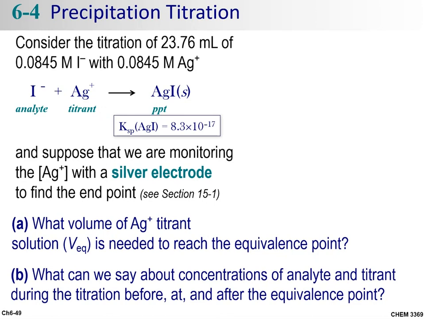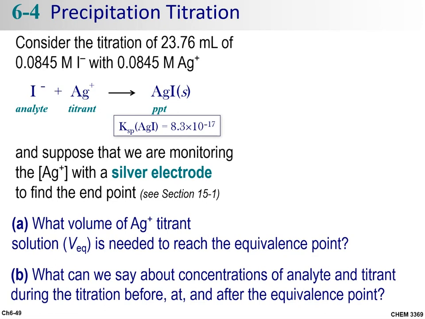Okay. Now, one of the possibilities here is to use a silver electrode, and we can measure the potential of that electrode during the titration. This electrode is sensitive. The potential will respond to the changes in concentration of silver plus ions.